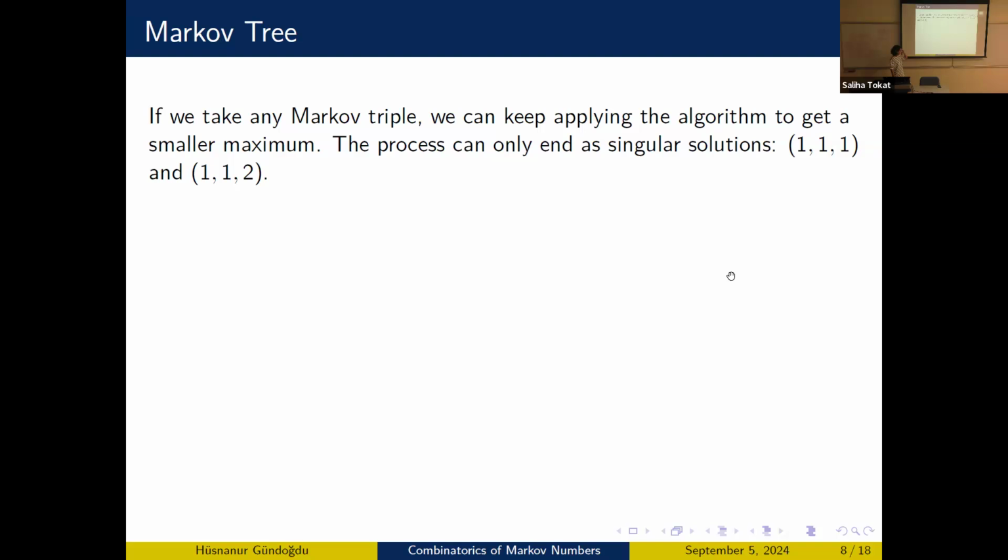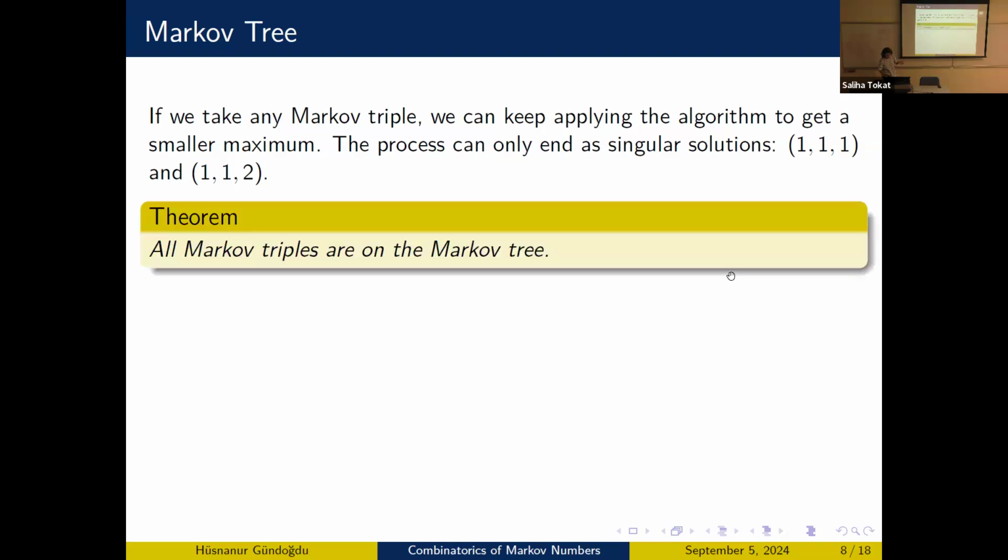This means if we start with non-singular triples, the end will be a singular triple. So we can conclude that the theorem says all the Markov triples are on the Markov tree. With the help of the Markov tree, we can find all the solution triples.